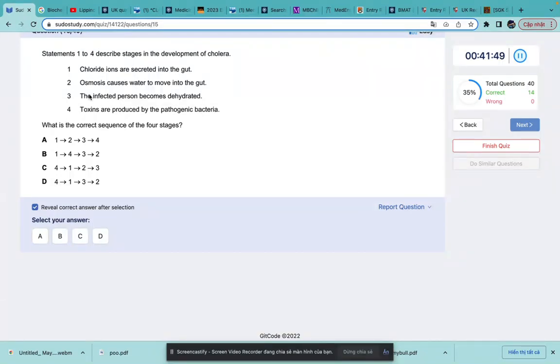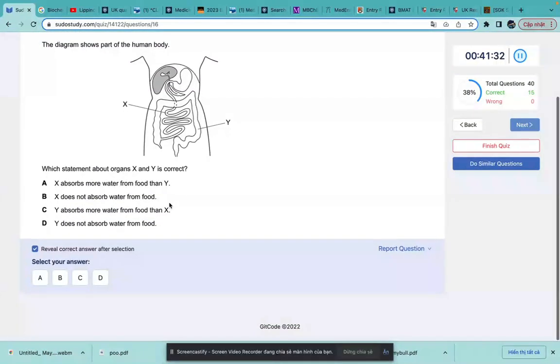The infected persons become dehydrated. So 3 must be the last, right? Let's see, there's 3 here. So 3 should be the last because the infected person becoming dehydrated is the result of diarrhea, from the cholera bacteria.